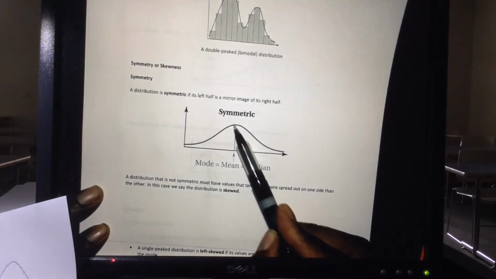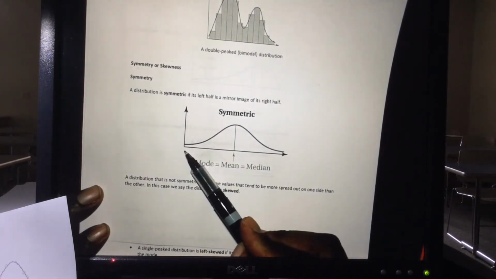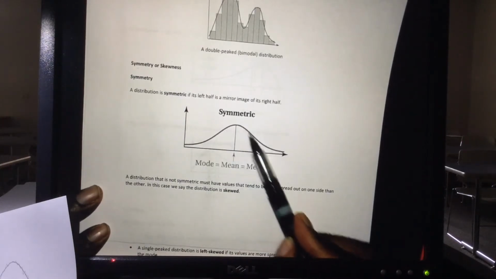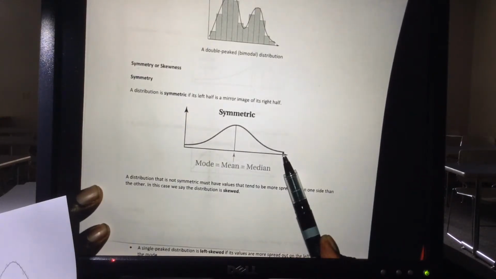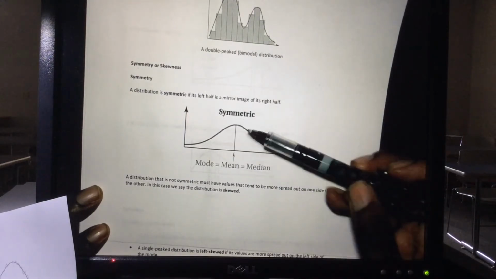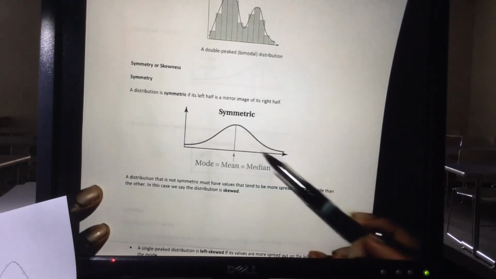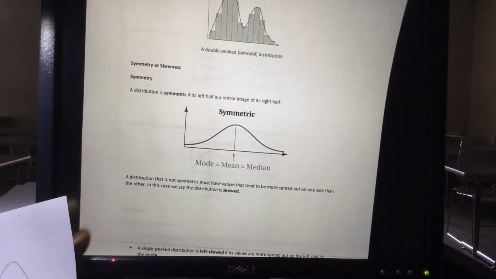In this case here, this is considered to be symmetric. Here, the left half has the mirror image as the right half. And by the way, if you were to fold the paper along this line right here, the right half will be on top of the left half. That's what we mean by symmetric.